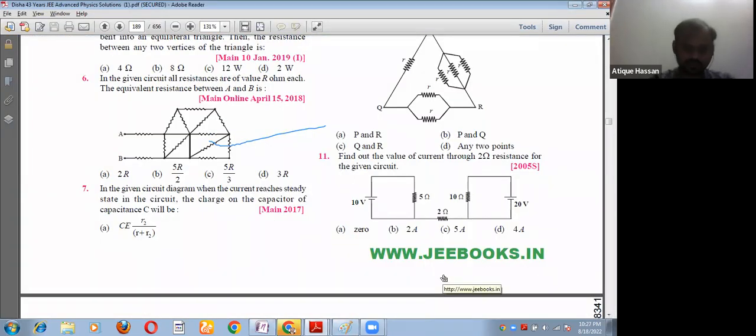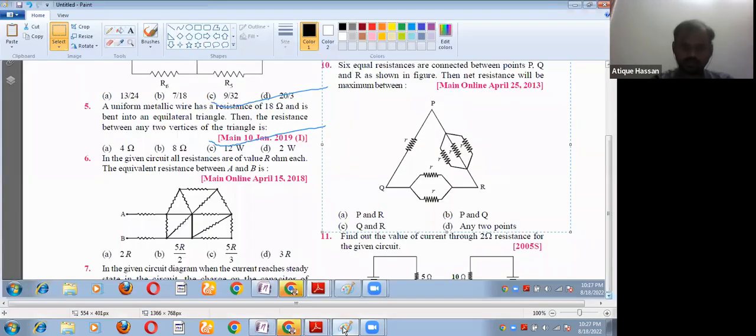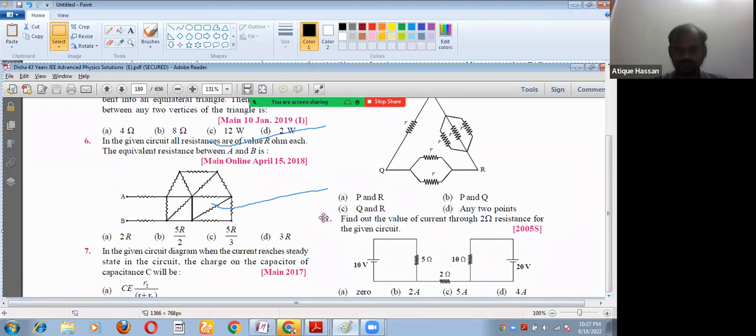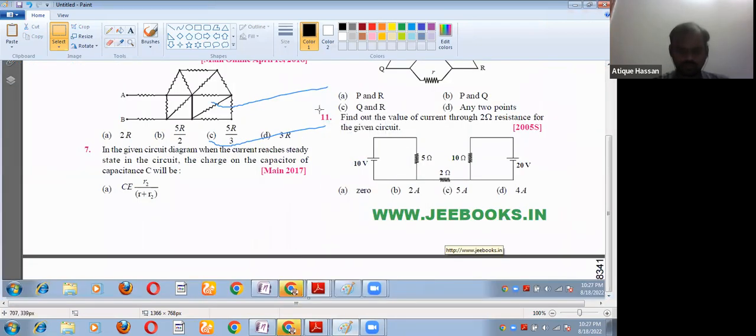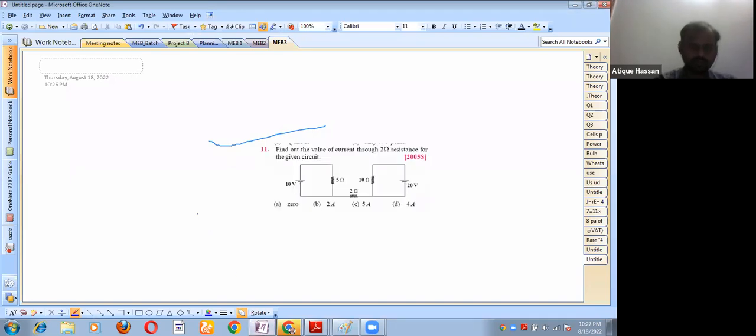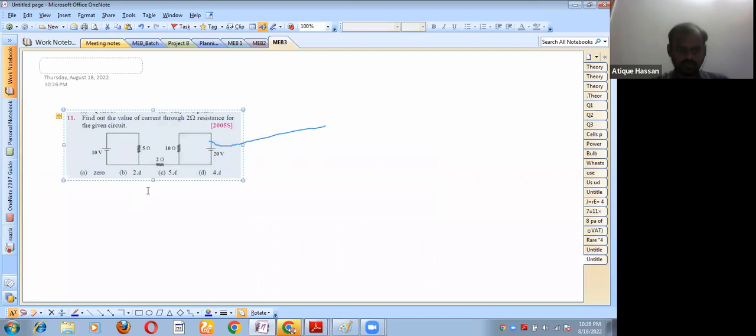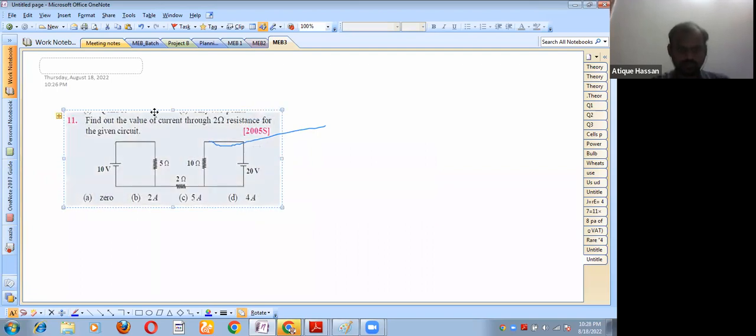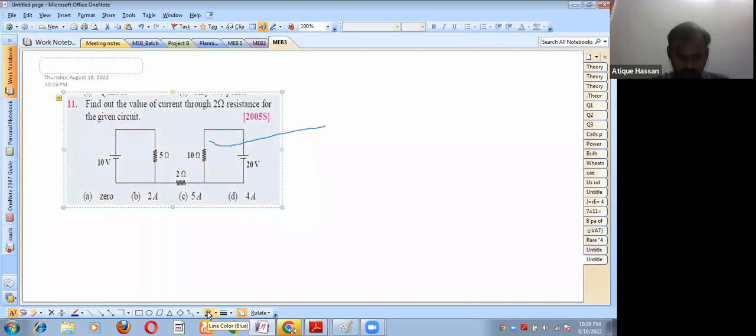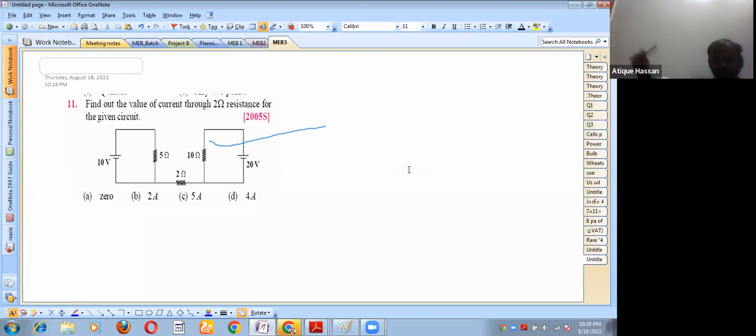Question 11. Find out the value of current through the 2 ohm resistor.